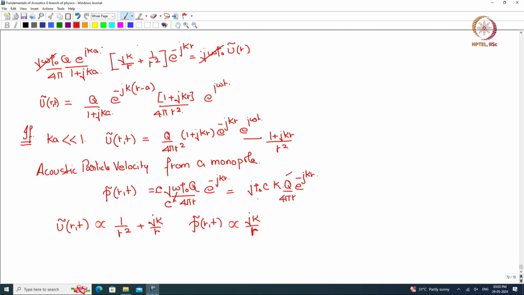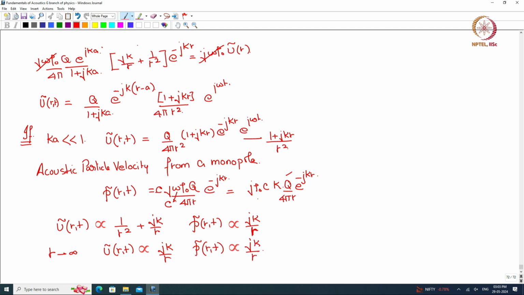Now if my radius goes to larger and larger values, then u of r comma t is dominantly jk by r, and p tilde of r comma t is also dominantly jk by r. There is no other term over here.